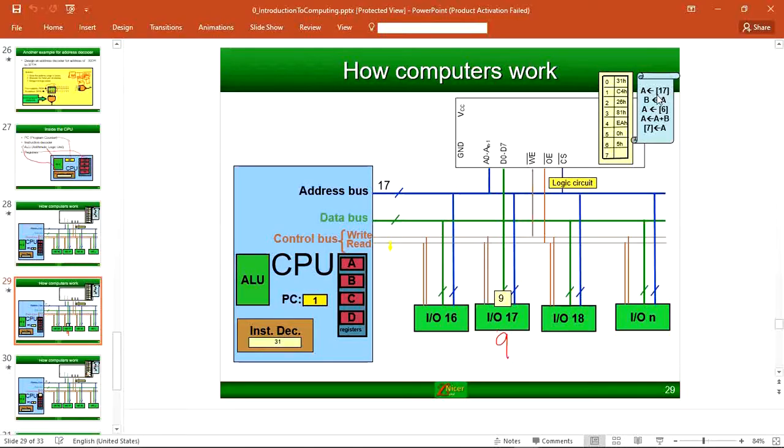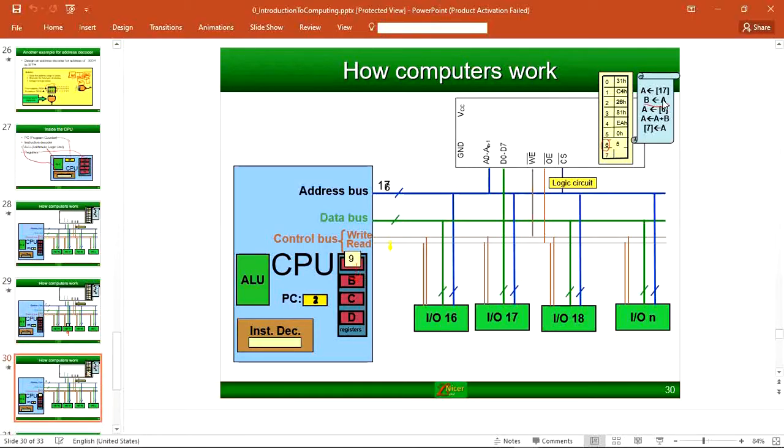My first operation is that we have to move 17th operation to A. So if I have a number such as 9 in 17, then it moves towards A, this A register.